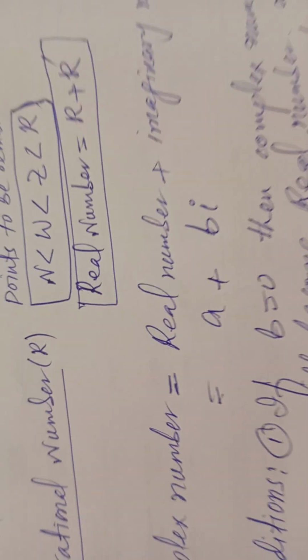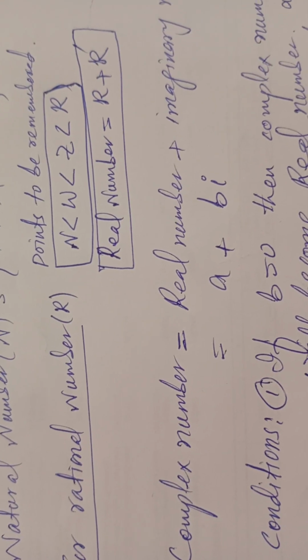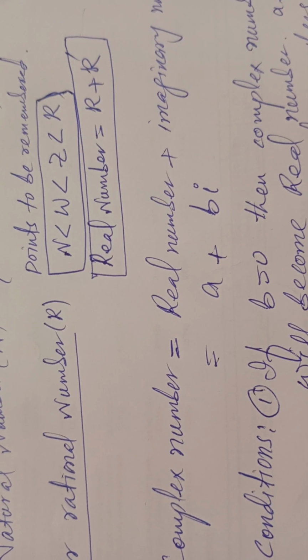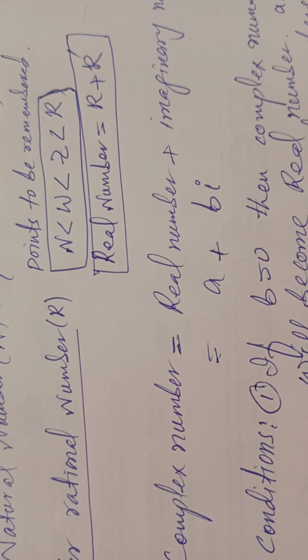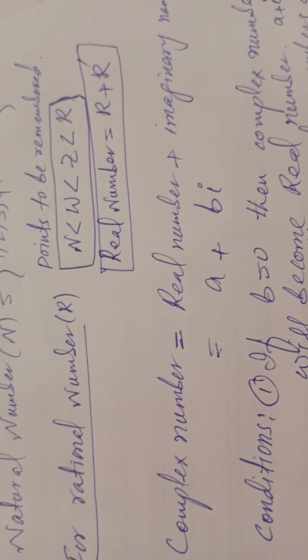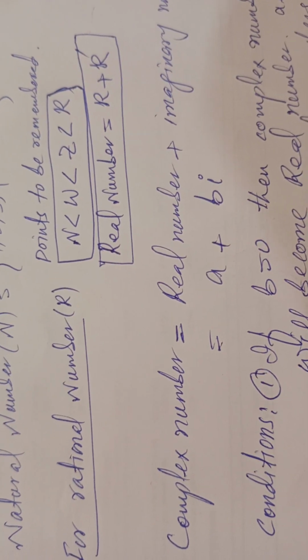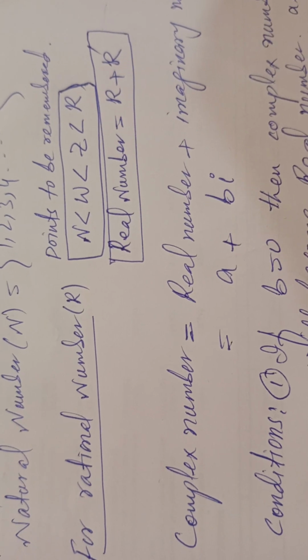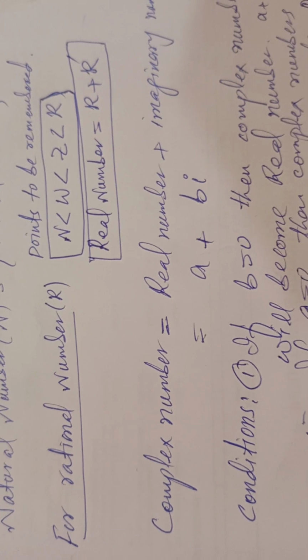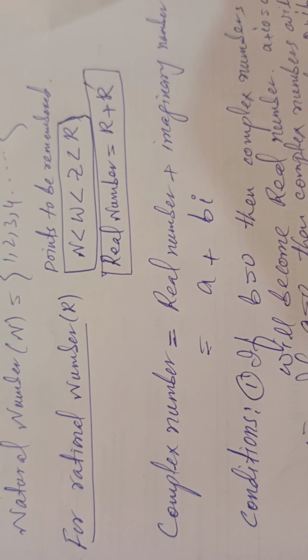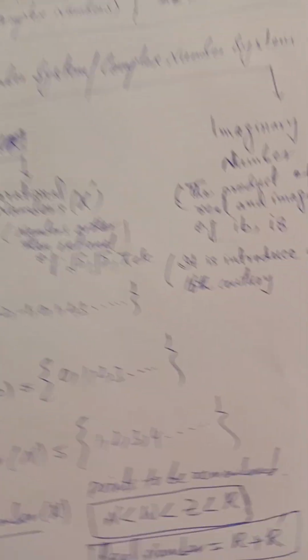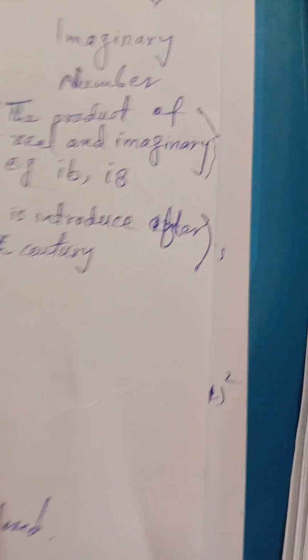So the points to be remembered for the real number system are: natural numbers are a subset of whole numbers, whole numbers are a subset of integers, and integers are a subset of rational numbers. Another thing to remember is that real number equals rational number plus irrational number. The complex number consists of both real numbers and imaginary numbers.